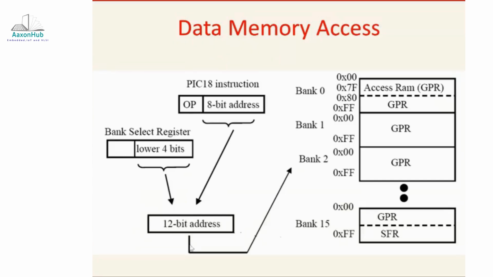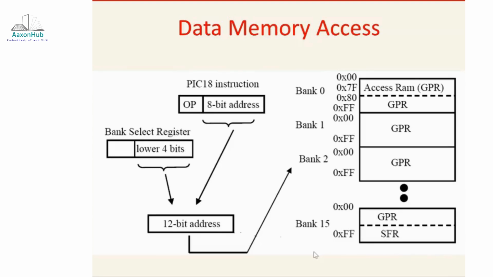This 12 will help you access that data memory location anywhere in that data memory. Why? Because you are directly specifying the exact bank location address and the possible opcode for that respected address. These two will get added, so that you will be able to address one certain location out of those 16 banks.